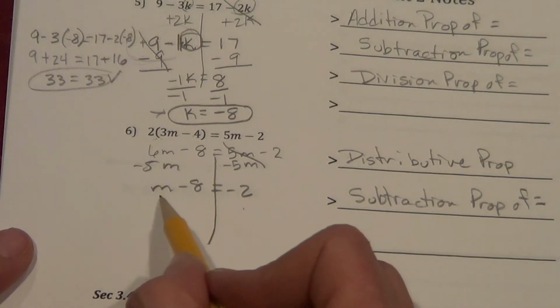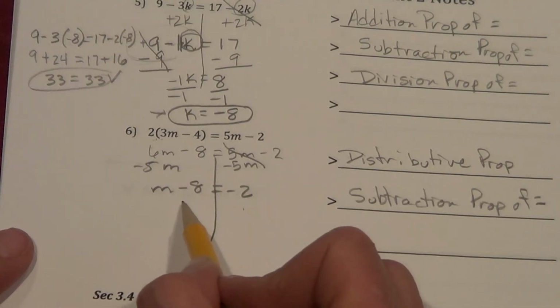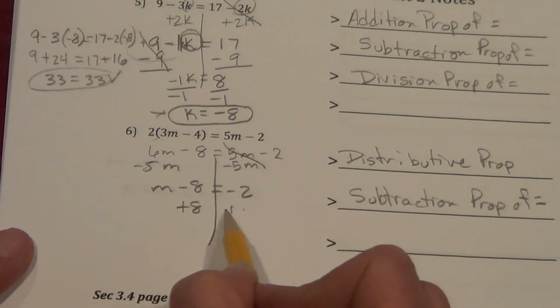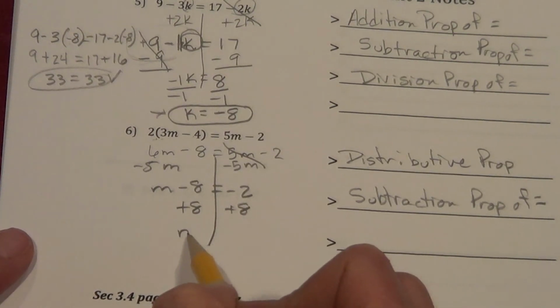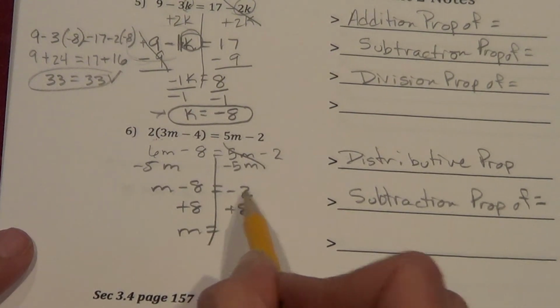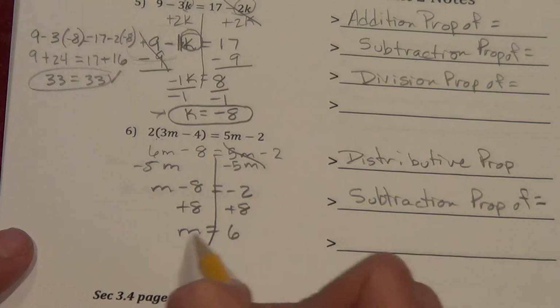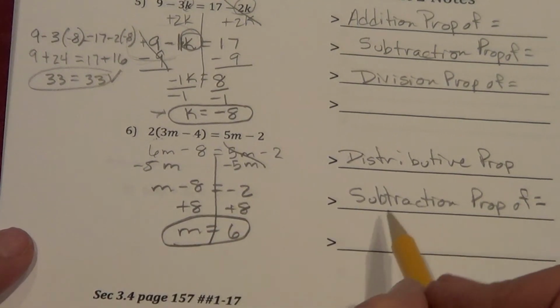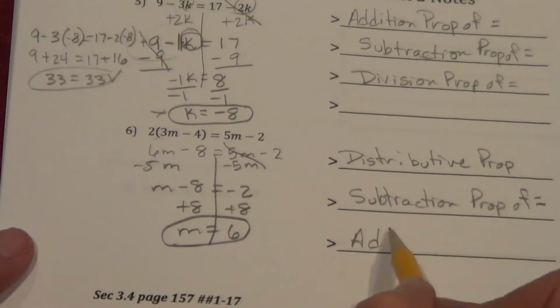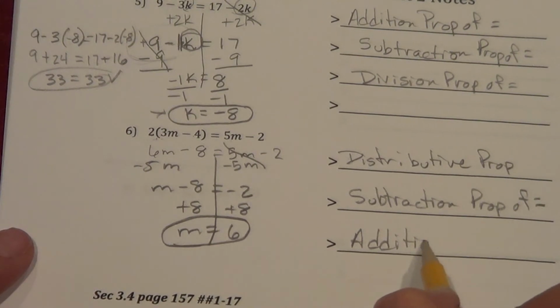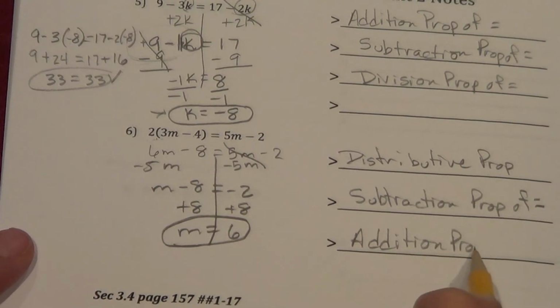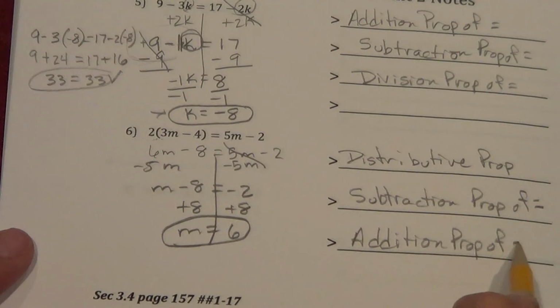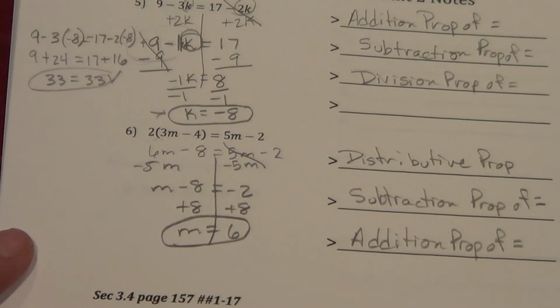We have m minus 8. To get rid of the minus 8, we add 8. And we have m equals a positive 8 minus 2, which is a positive 6. So we added to each side, so it's an addition property of equality.